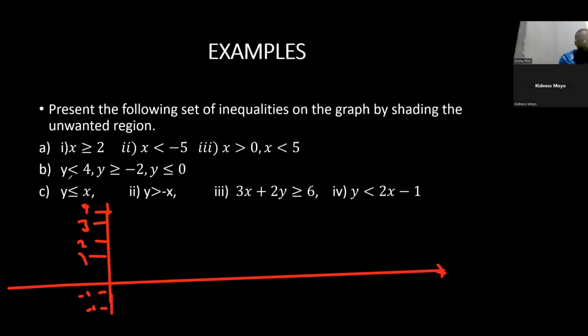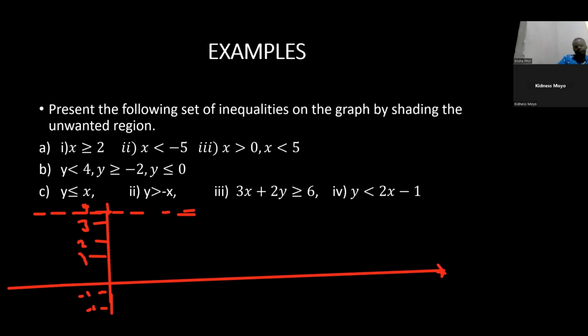So we have y less than 4. So the line will be drawn. Now check what will be the nature of the line. We are dealing with B. So it will be dotted, right? Yes, dotted.